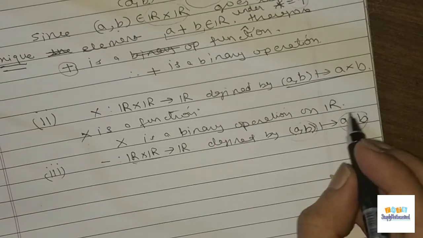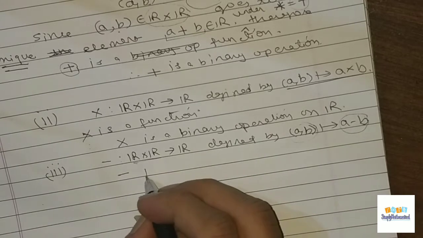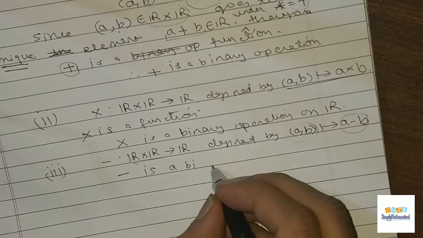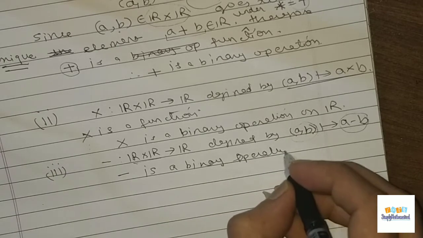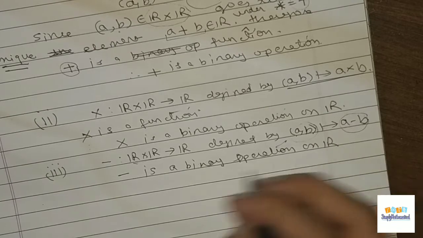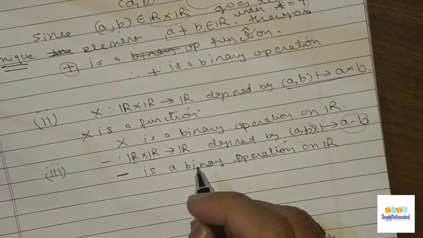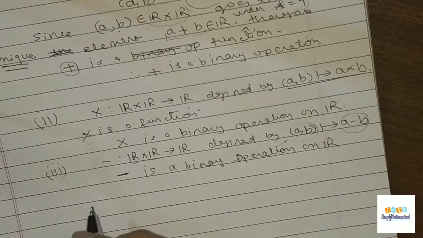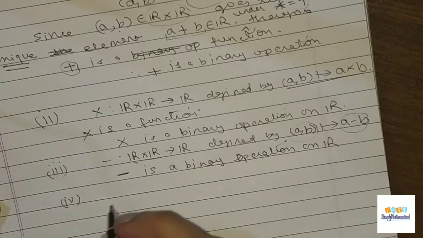So this minus becomes a function, and also it is a binary operation on R. So minus from R cross R to R is a binary operation on R.